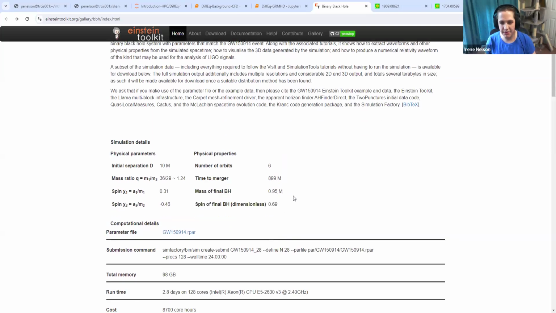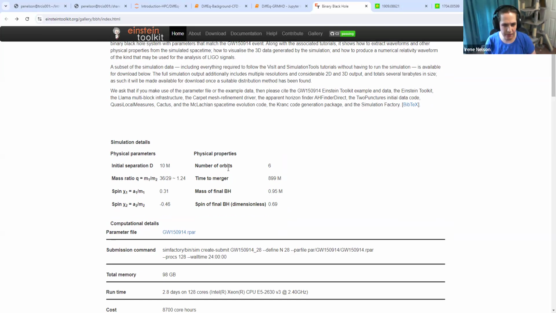Interestingly, the mass of the final black hole is actually slightly less than 1, which is by definition the total mass of the black holes at time 0. So that's because the black hole merger radiated just an incredibly vast amount of energy during the final in-spiral phase.